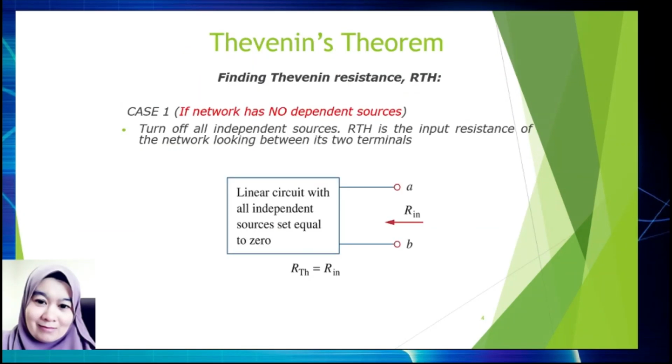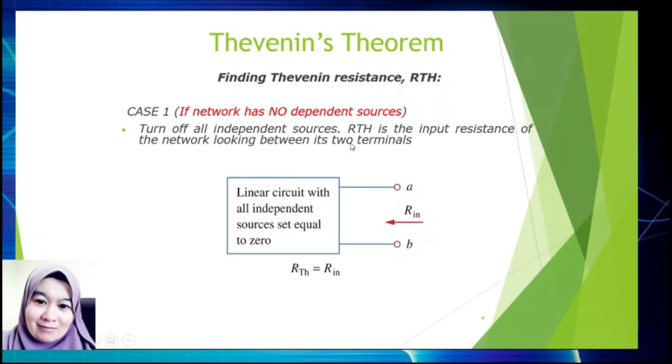In Thevenin's theorem, to find RTH or Thevenin resistance, there are three cases we need to consider. First, if the network has no dependent source, case 1, we need to turn off all independent sources.